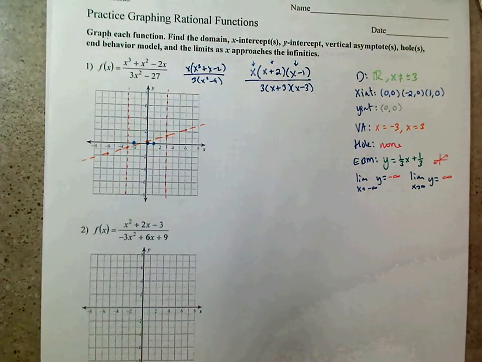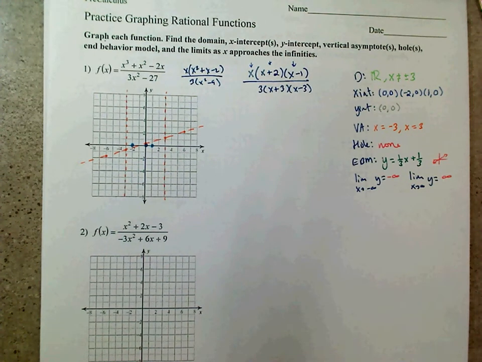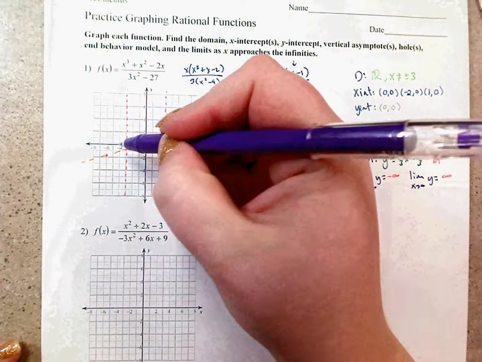Okay. So now I need to sketch. And what I said was, whenever we do this on the test, I'm not going to expect you to plug in a whole bunch of points and know exactly where it is. So we're just going to use our intuition on this. I don't have any x-intercepts up here, so I think it's something like this.